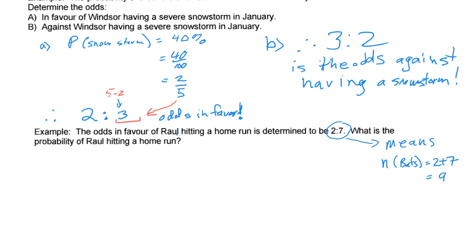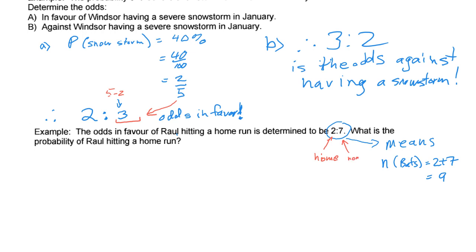And it says, what is the probability of Raul hitting a home run? So you know that this is the odds in favor of home runs, and then this is the anti-home run.